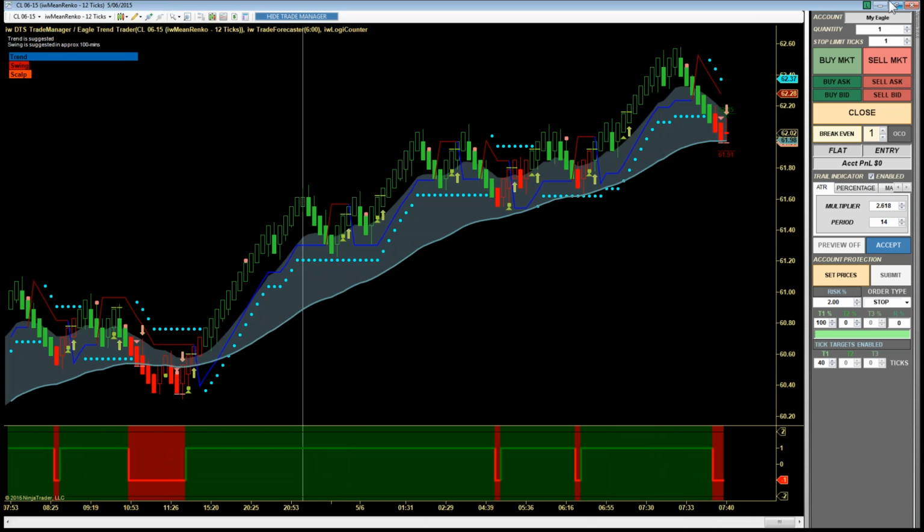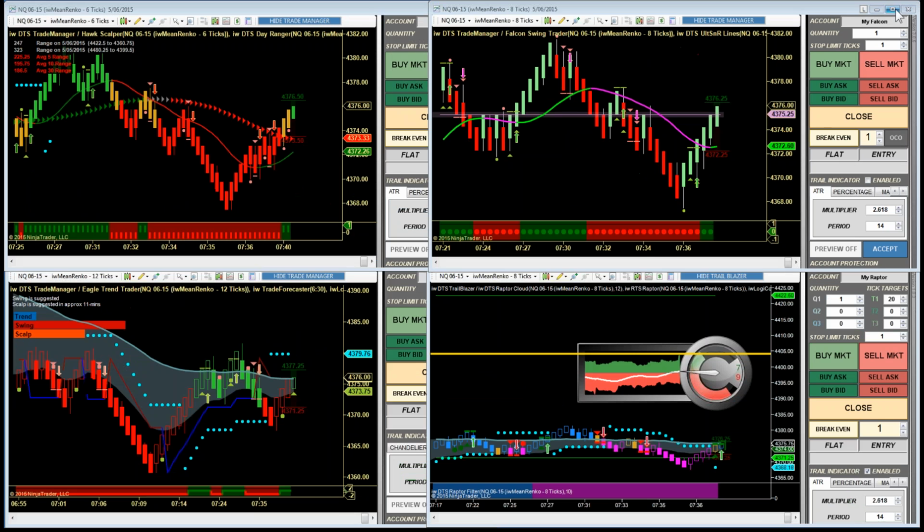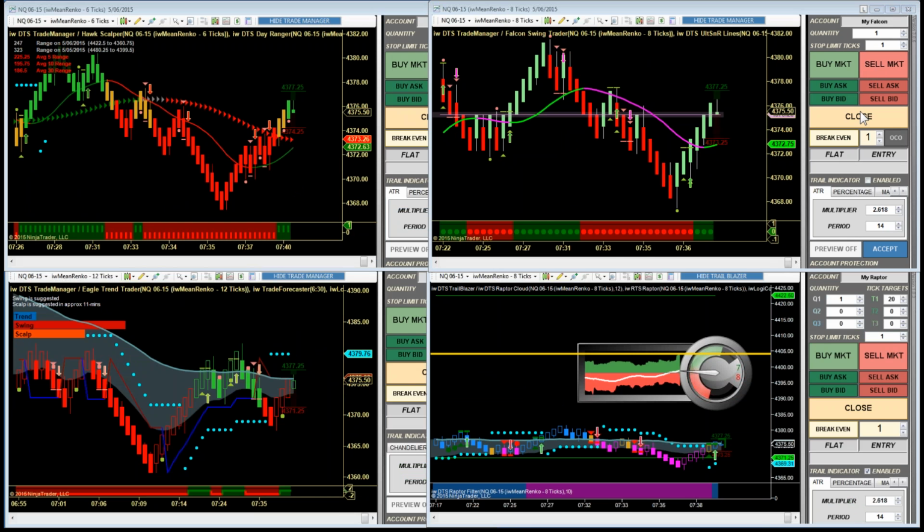We do have high probability targets for each of the tools as well. Honestly, to generate 2 or 3 signals, all the tools will do that pretty much for you. Obviously, a tool like the Hawk, being a scalping tool, being more focused on the short term, will generate more signals.